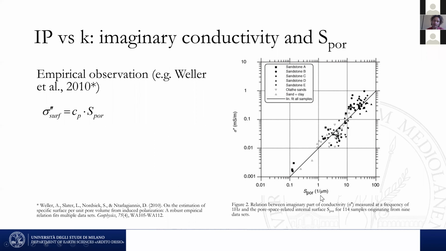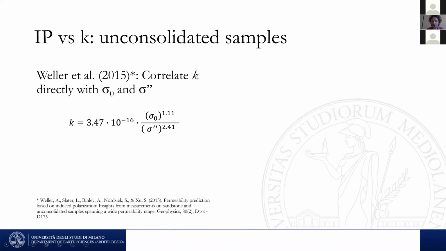So the idea is that sigma double prime is somehow a proxy for S-pore, and to find S-pore we can simply use sigma double prime. This means that some authors in the lab succeeded in linking K directly to sigma double prime.